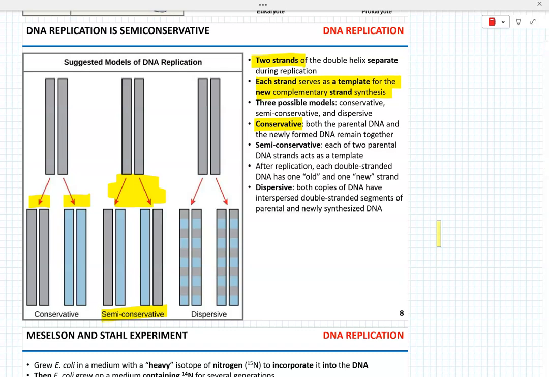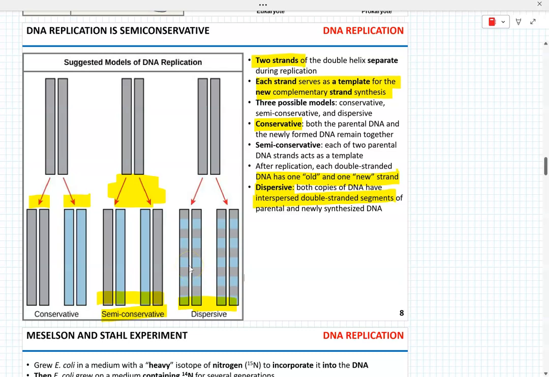It could be semi-conservative, where every double-stranded DNA after the synthesis contains one old and one new strand, or dispersive, where both DNA copies have interspersed segments of parental and newly synthesized DNA.